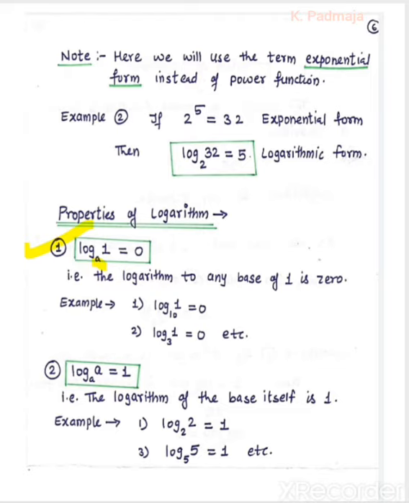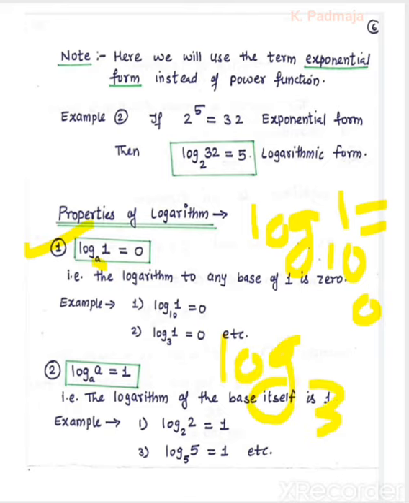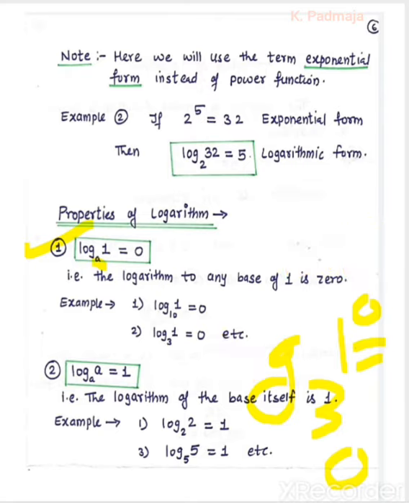Like if I write log 1 to the base 10, in that case also it will give us answer 0. Log 1 to the base 3, in that case also it will give us 0. Means for every base this log 1 gives us 0 as the answer. Okay. So for example, log 1 to the base 10 is 0, log 1 to the base 2 is 0.